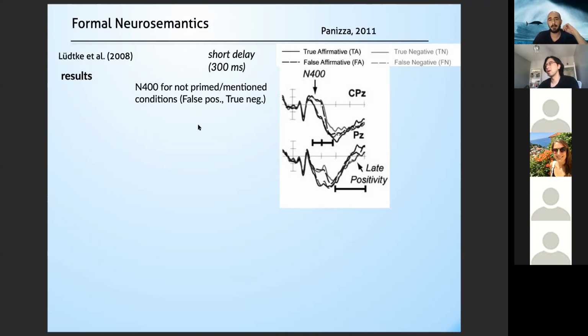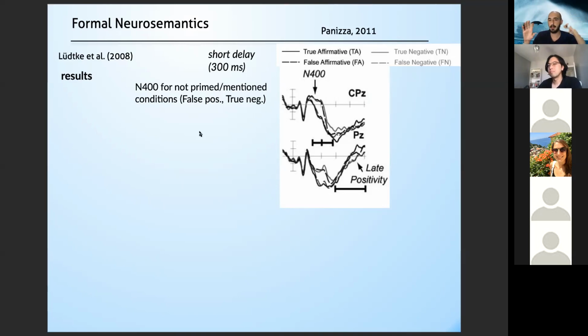So with short delays, they found this N400 for the not primed or not mentioned condition. So for the false positive and the true negative, okay?